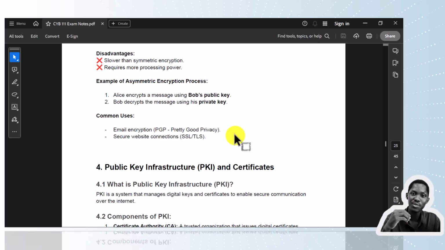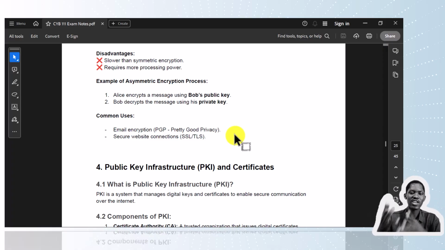The public key is used to encrypt the message. I'm sorry, that was a slip of the tongue earlier. So that public key will be used to encrypt the message, and it is only the private key part of that key pair that can be used to decrypt the message.